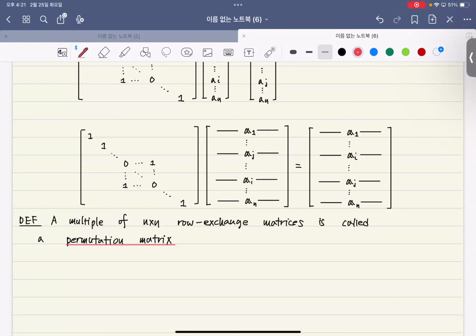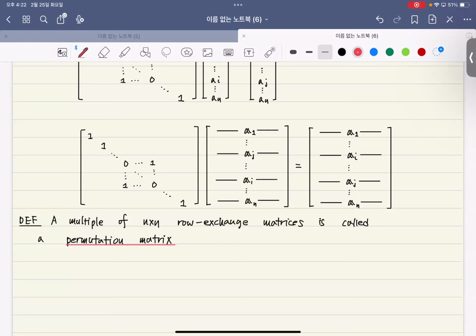Concretely, if my n equals 3, then I must have 3 factorial, which is 6, different permutation matrices. Agreed? Okay.